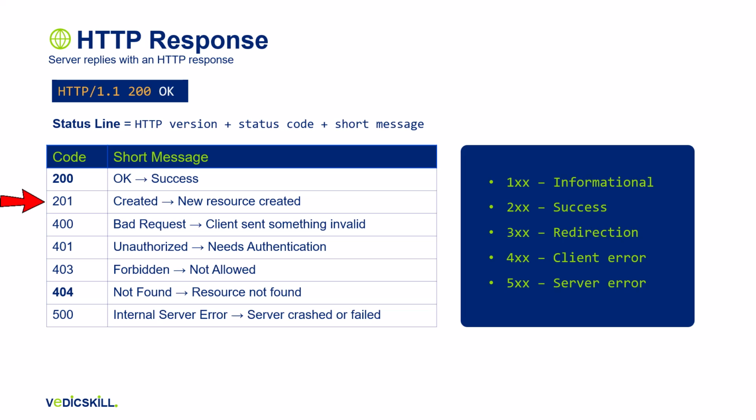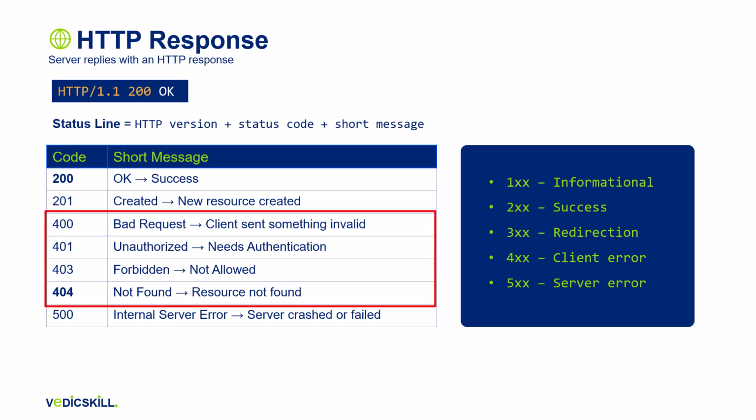Whereas the status codes 400, 401, 403, and 404 are client errors, which means the error is generated because of the client. The client sent some invalid data, which is 400. The client needs authentication, which is 401.